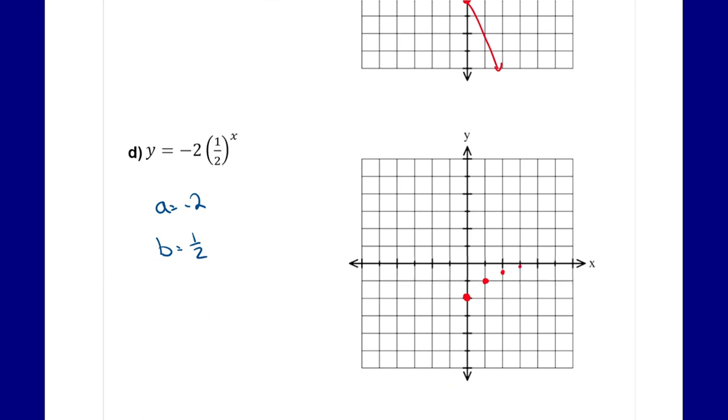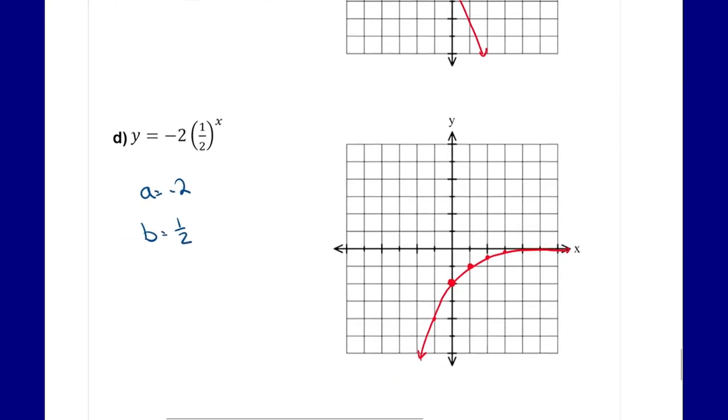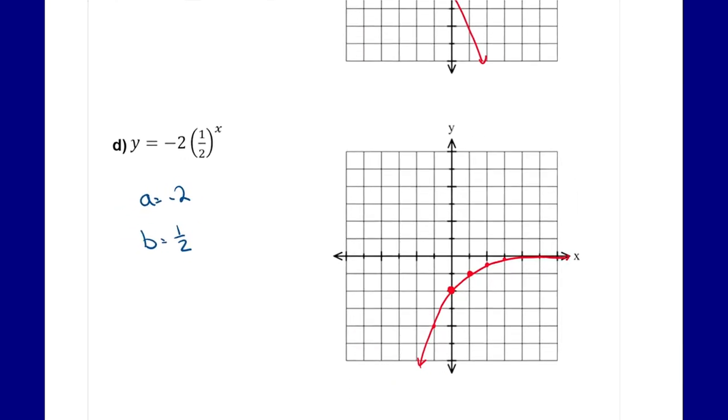We can see that our values are getting smaller and smaller, closer and closer to 0, the more positive the x value gets. So this, when we look at it, is actually increasing, because our numbers are technically getting higher and higher. They're getting less negative. And so this is actually increasing.